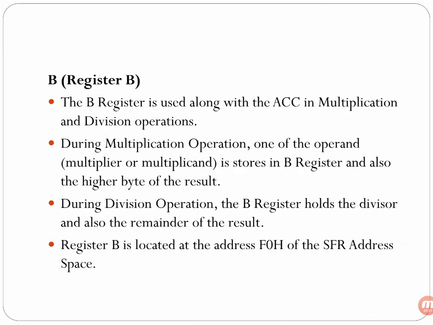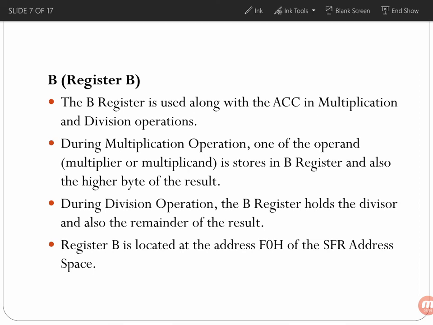Next, the register B. The register B is used along with the accumulator in multiplication and division operations. These two operations are performed on data that are stored only in registers A and B. During multiplication, one of the operands, multiplier or multiplicand, is stored in the B register, and also the higher byte of the result.